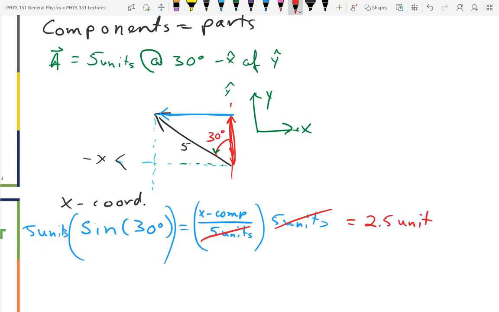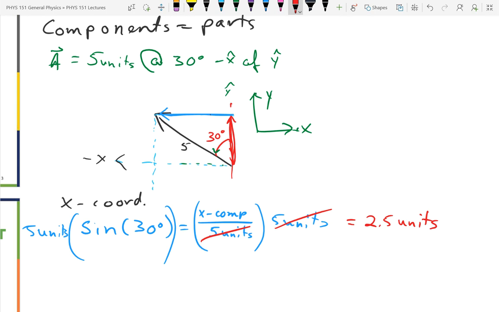So it's 2.5 units, but I'm not done. I still have to use my brain for one more step on the x component. Is that in the plus x direction or the minus x direction? It's negative. It's going the minus x direction.